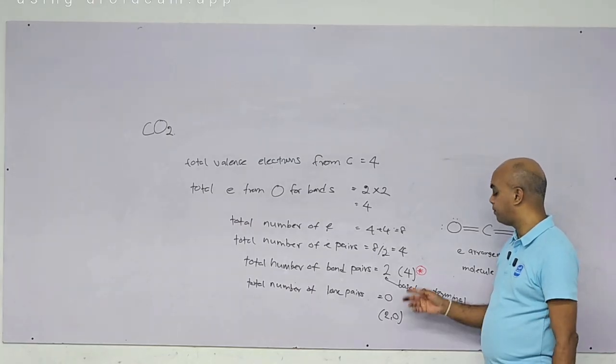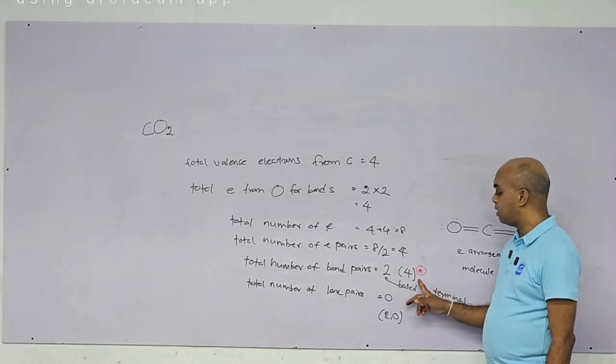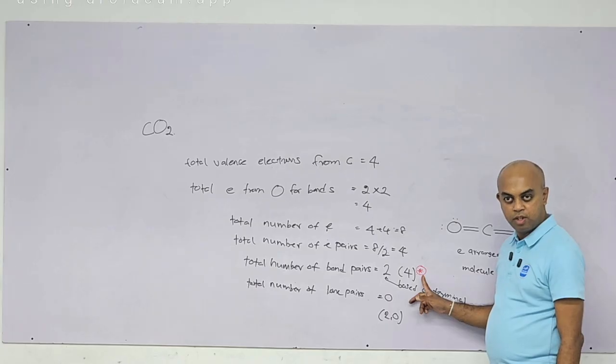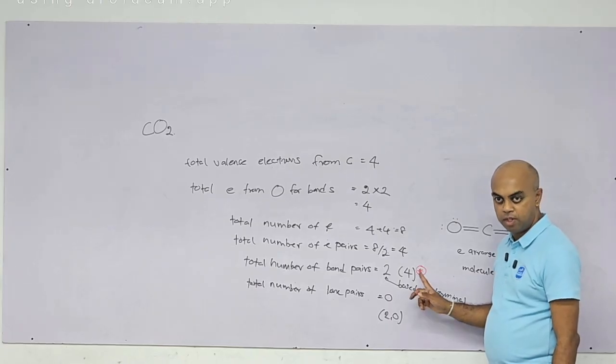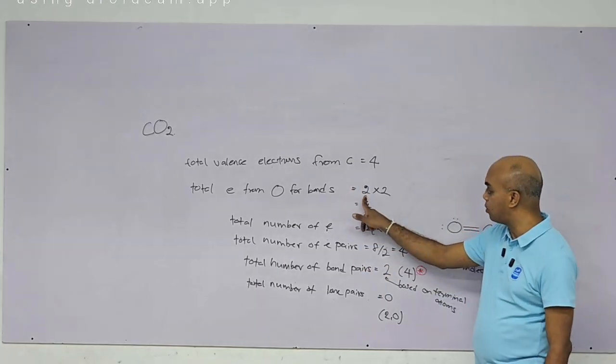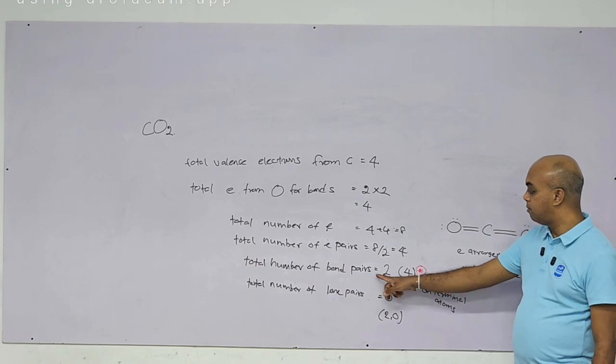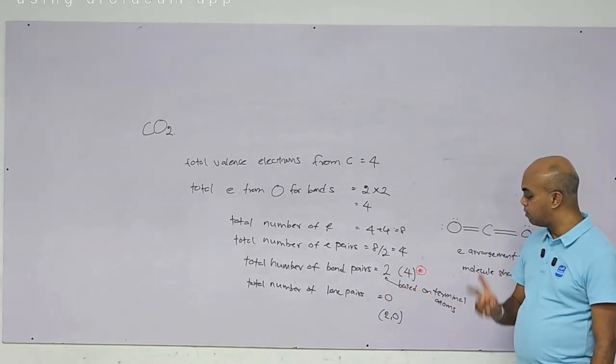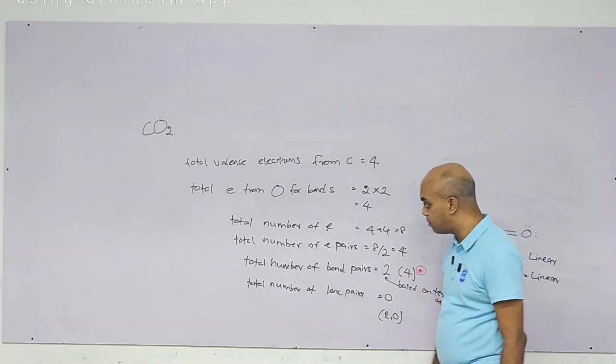Right. The only exception is with the oxygen atoms, right? When it comes to oxygen, it is giving out 2 and it is consuming 2 bond pairs per each atom, right?